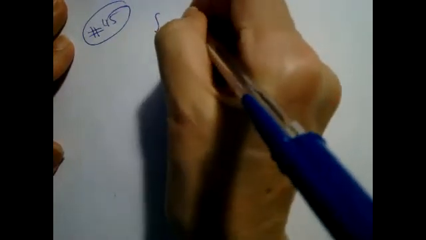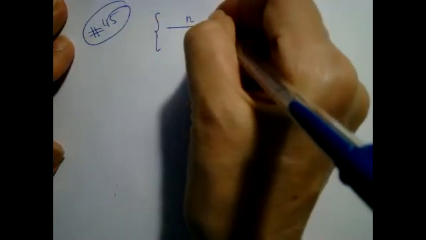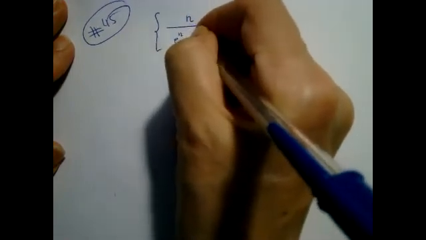Okay. All right, so now we look at number 45. So now we have the following: n over e to the n plus 3n.